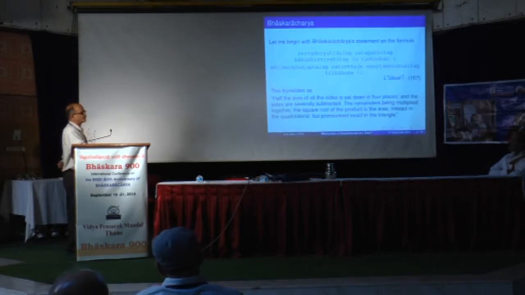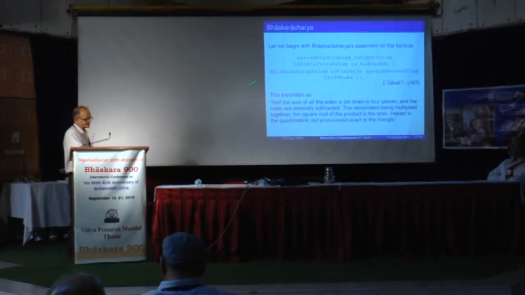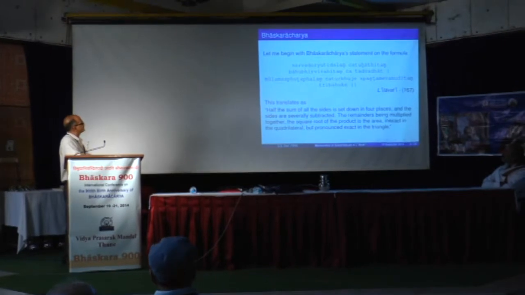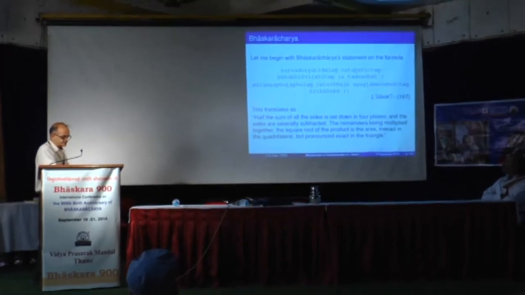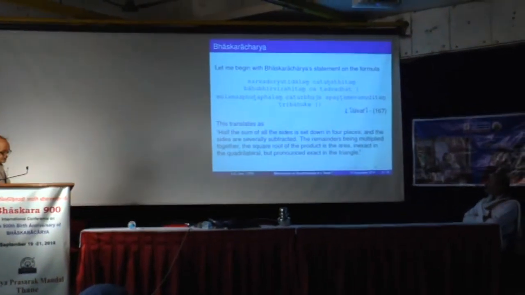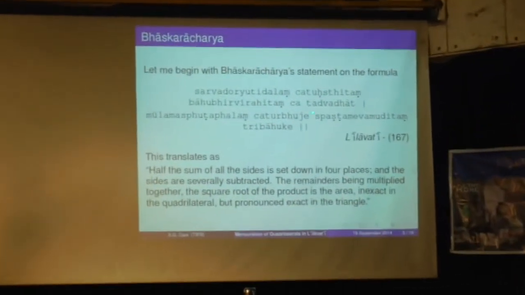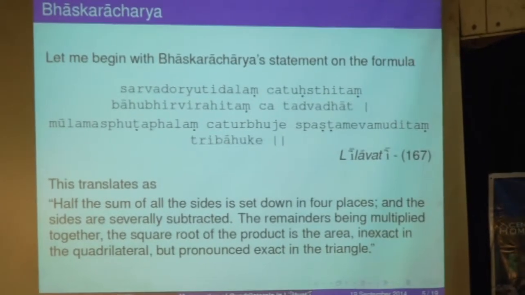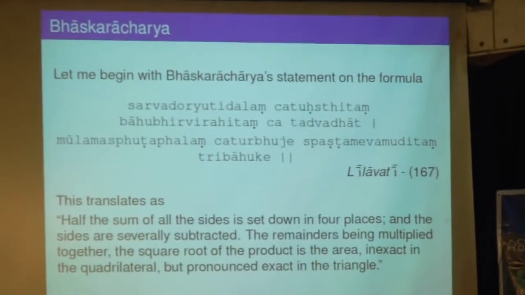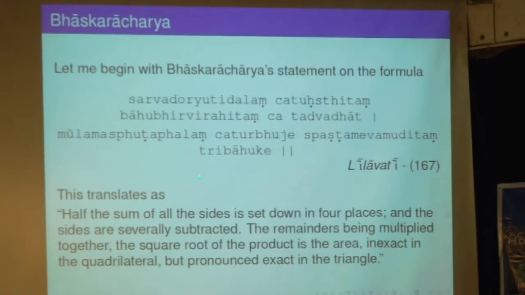So we now come to Bhaskaracharya. Bhaskaracharya states: Sarvadoryutidalam chatushthitam bahubhirvirahitam cha tadvadat moolam asphuta phalam chaturbhuje spashtameva uditam tribahuke. So here it is no longer meant to be an exact formula for the area of a quadrilateral.